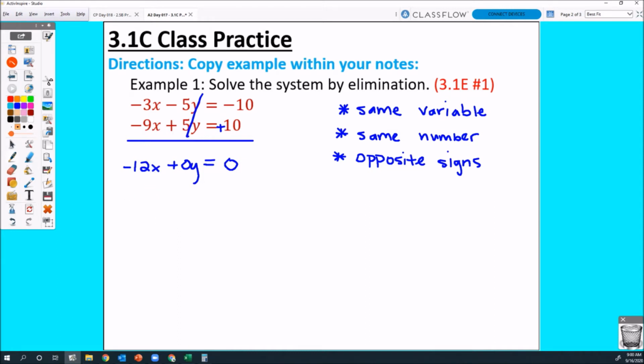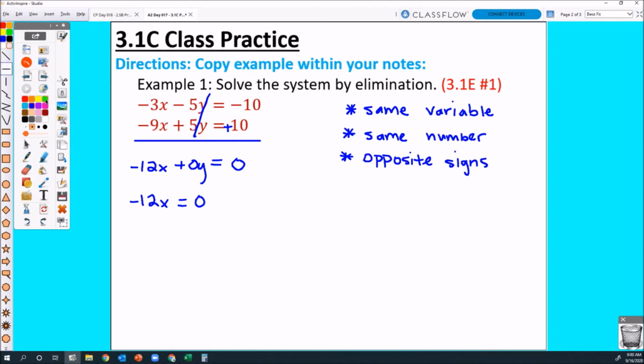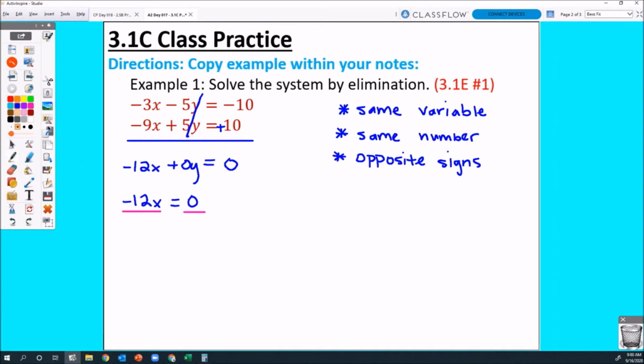The reason I say we're going to be solving for x is because if I combine negative 12x plus 0y, the 0 doesn't change anything, so it's just negative 12x on the left side, and it's going to equal 0. Now, to get x alone, I'm going to divide by the number in front of it, because x is multiplying the negative 12, hence I'm going to divide both sides by negative 12.